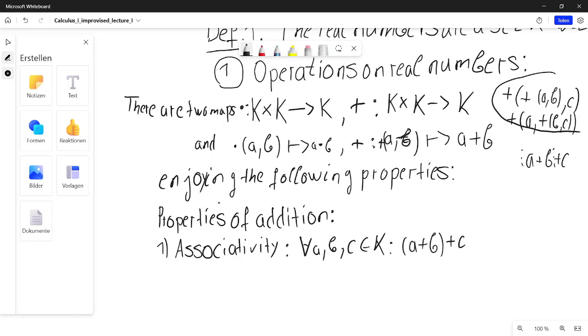And associativity just tells us we really require for this operation that it doesn't matter.